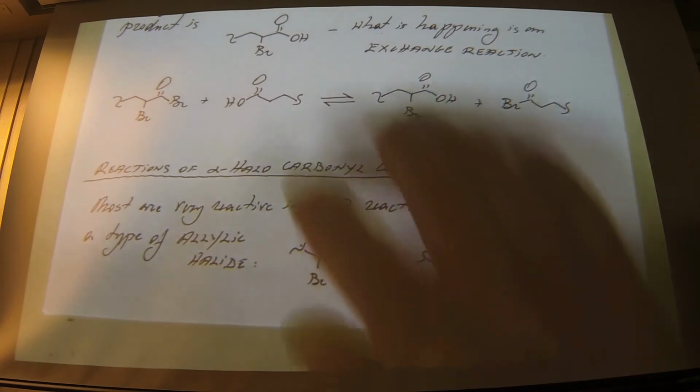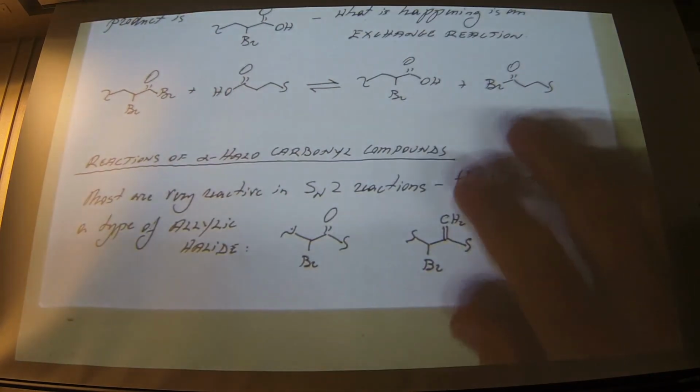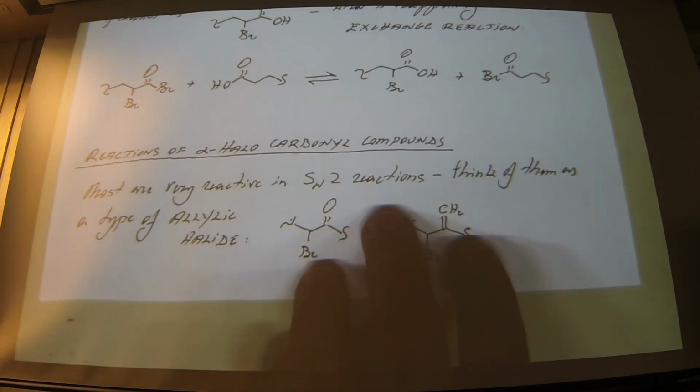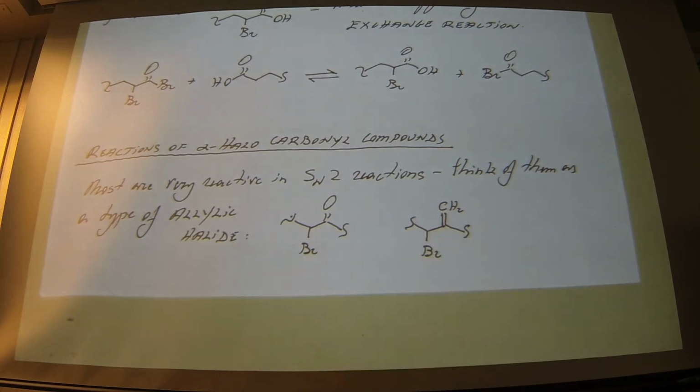Okay, now, why take an interest in alpha halocarbonyl compounds? The answer to that is because they're reactive. You can use them just the way we did with alkyl halides. Remember, we used alkyl halides as starting materials for a bunch of other kinds of products.